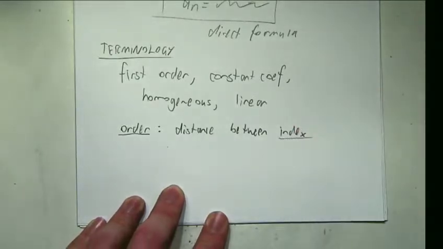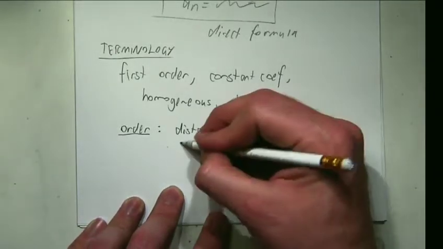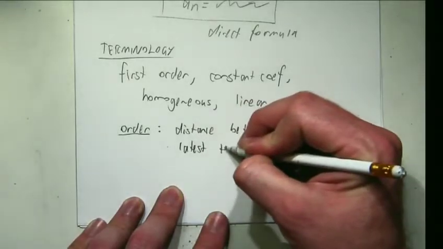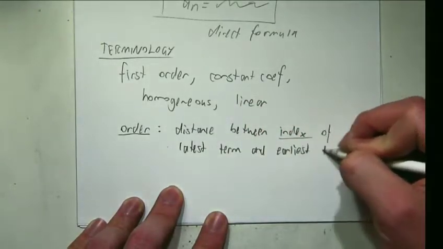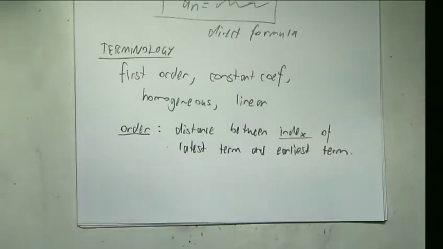They call it the index, that n, of the latest term that occurs, usually a_n, and the earliest term that occurs, maybe it's a_{n-2}. It's how far apart they are. So if you've got a_n and a_{n-2}, it's order 2. But if it goes down to a_{n-3}, it's order 3.